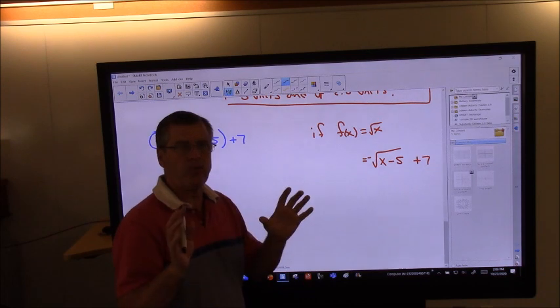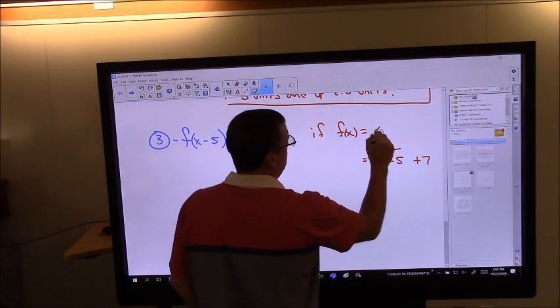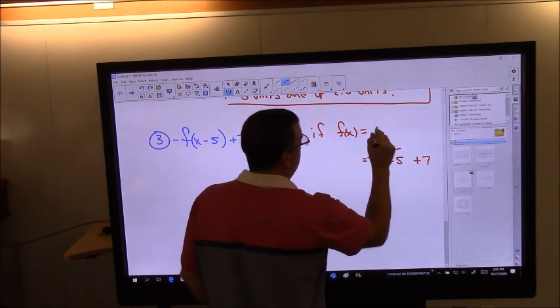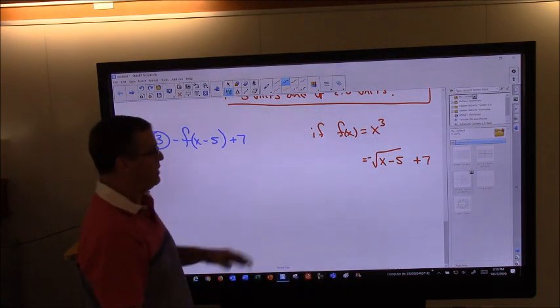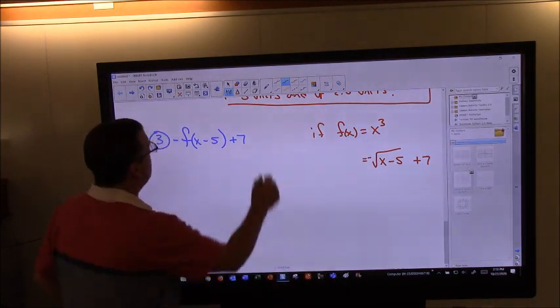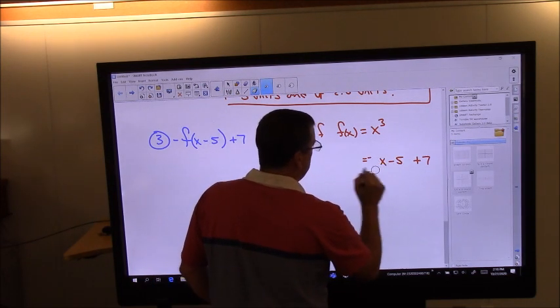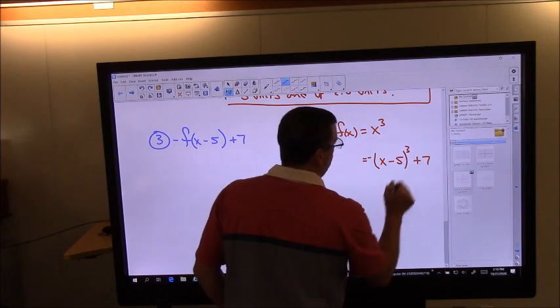Here's why I don't care what the function is. Let's say I go back here, and now I'm going to say that I've got x cubed. How does this look different? Well, I'm going to take the square root out. I'm going to put cubic in there.